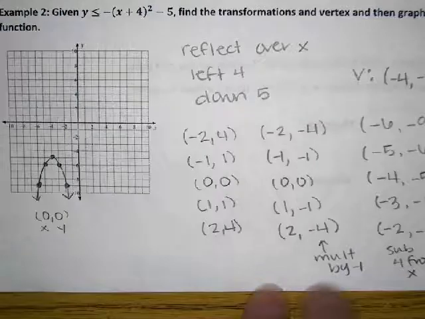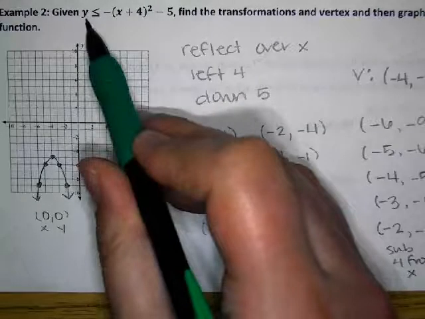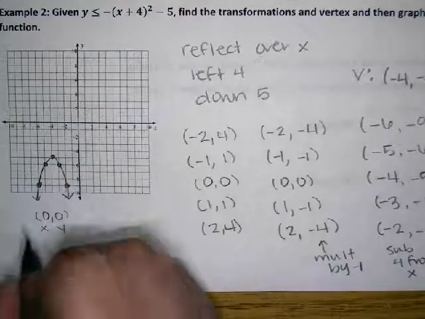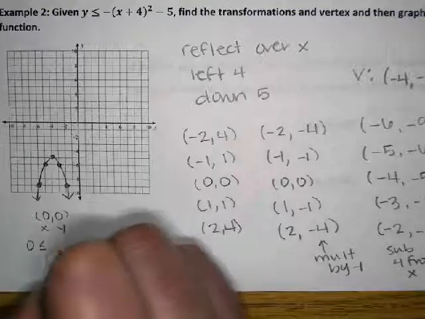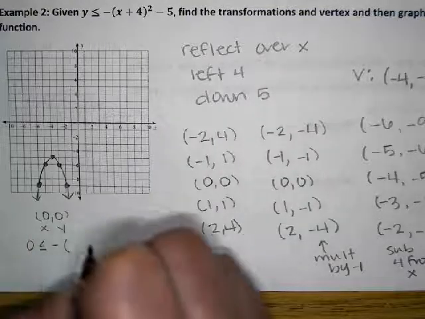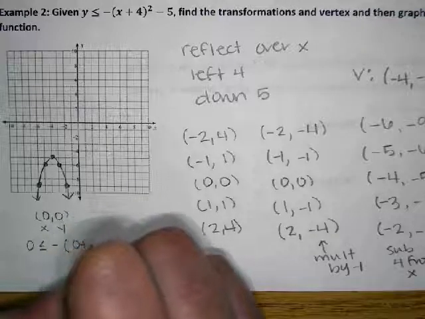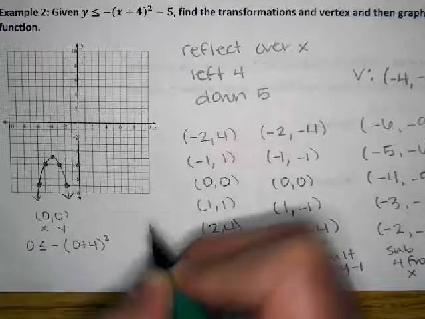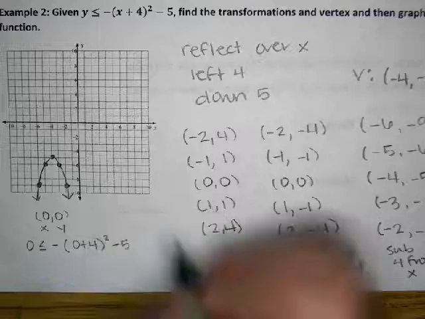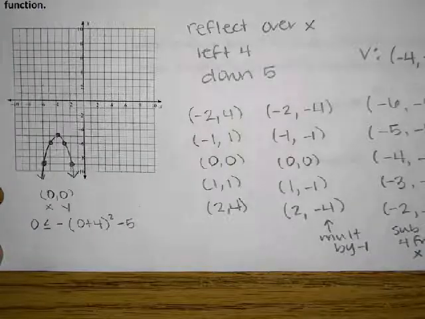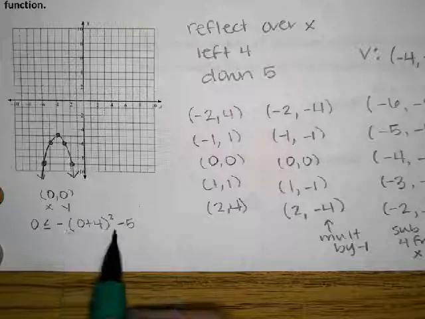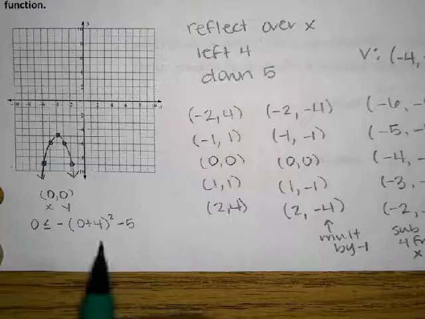So we'll plug the 0 in for the y value. 0 is less than or equal to negative of 0 plus 4 squared minus 5. And you can type this straight in a calculator, but we also want to be able to do it by hand.